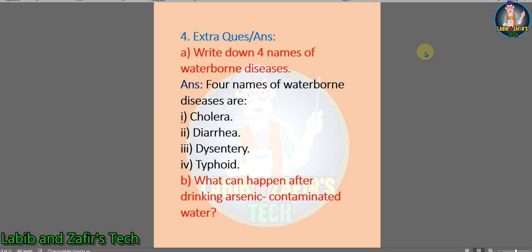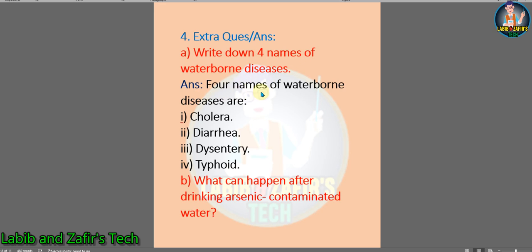So students, this is another typical exercise and that is extra questions and answers. So here are some questions and answers that are given as extra and I have made these questions and answers by myself for this chapter. So let's go through the questions. Number A, write down 4 names of waterborne diseases.